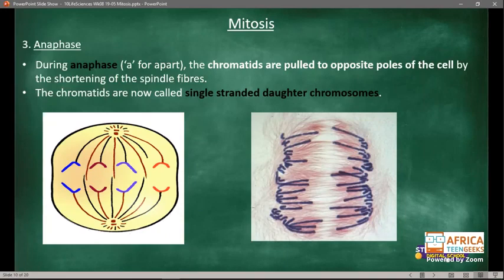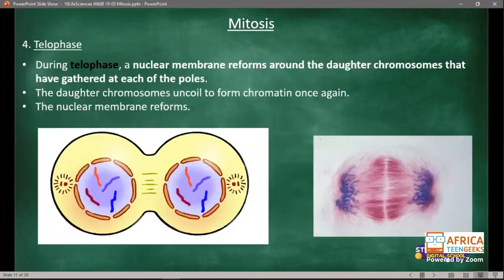Then we have telophase. During telophase, a nuclear membrane reforms around the daughter chromosomes that have gathered at each pole. These daughter chromosomes uncoil to form the chromatin once again, and the nuclear membrane reforms.